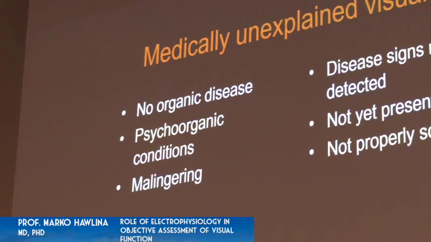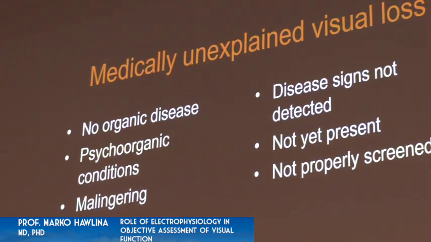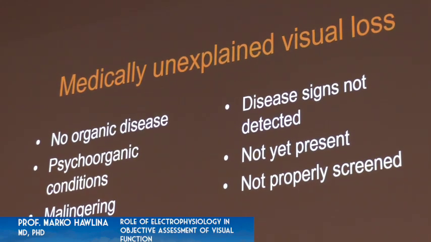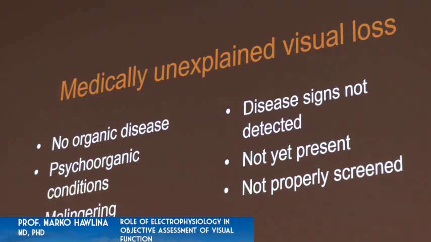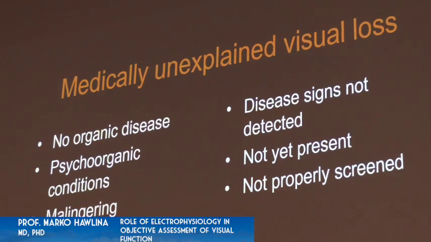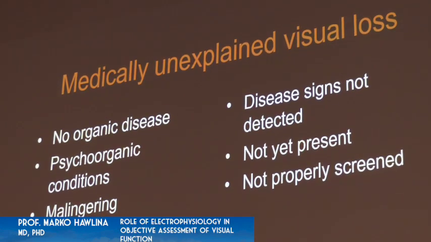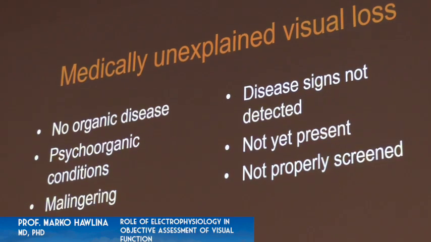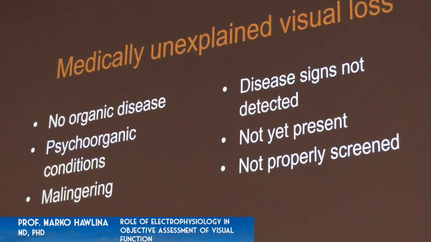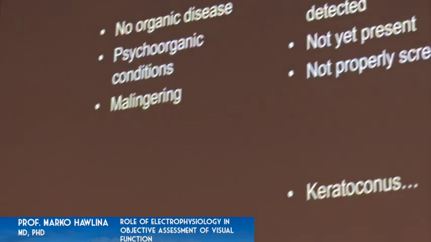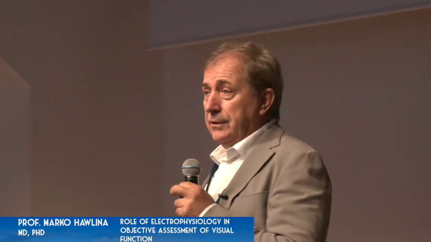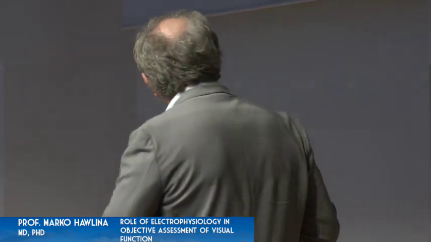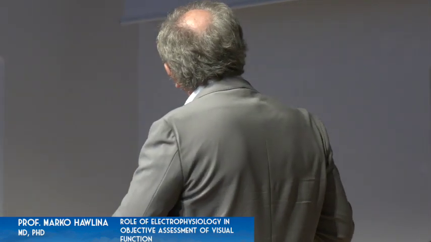And then medically unexplained visual loss, that's quite common. Often patients come in with complaints that they don't see well, or they see some shimmering lights, or some snow, or some constriction of fields, and so on. You need electrophysiology to actually diagnose that.